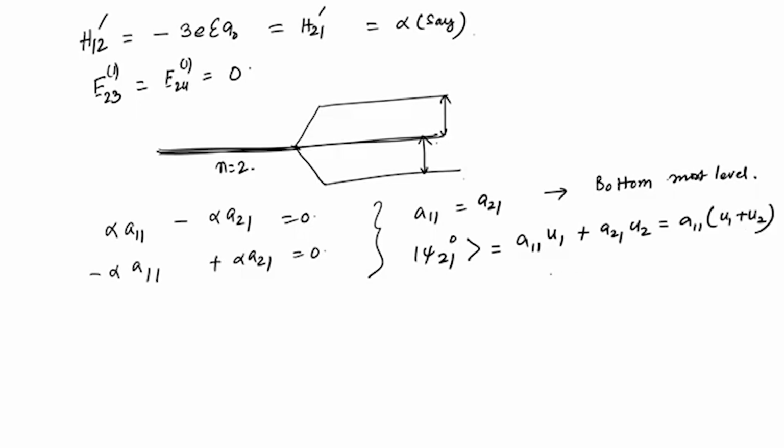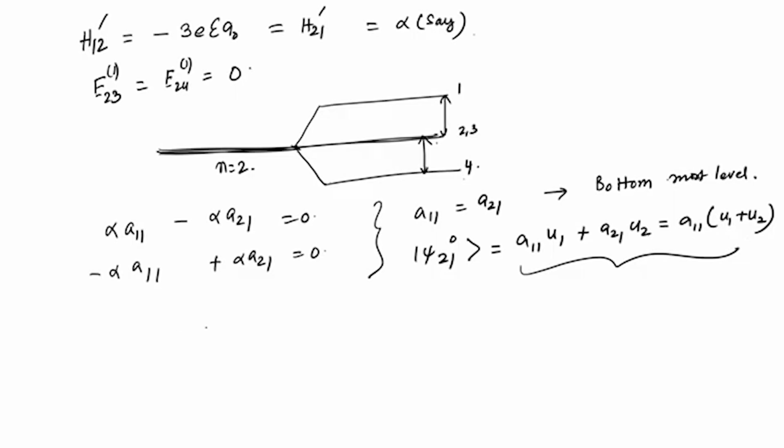That is the bottommost level, let us call these 2, 3, 1 and 4. As if all these 4 were there, but do not confuse this with U1 and U2. They are not U1, U2, U3, U4, but the fourth one, the bottommost one, is a combination of U1 and U2 in this particular fashion.